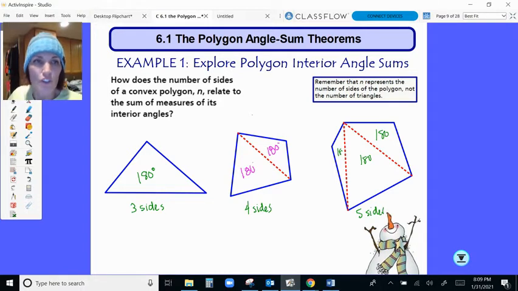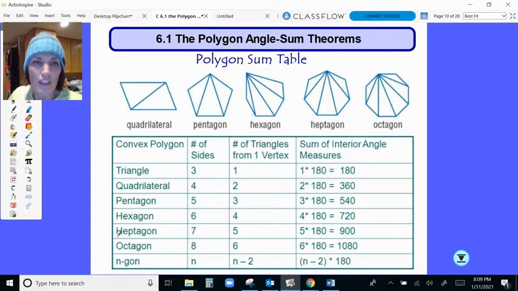So here's a little chart for you on the next page. So if I have my triangle, it has 3 sides, 1 triangle, of course, and so we take 1 triangle and multiply by 180 gives me 180. If I had that quadrilateral, I made 2 triangles. I can take those 2 triangles and multiply by 180 to get me 360 degrees. So a quadrilateral has a sum of 360 degrees of the angles.